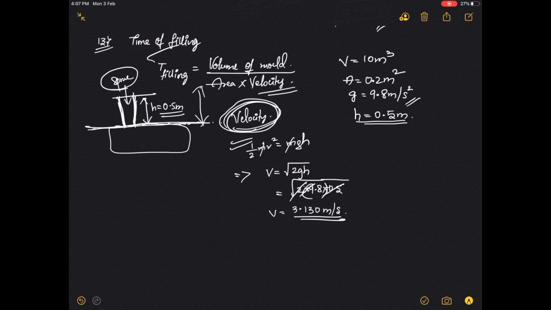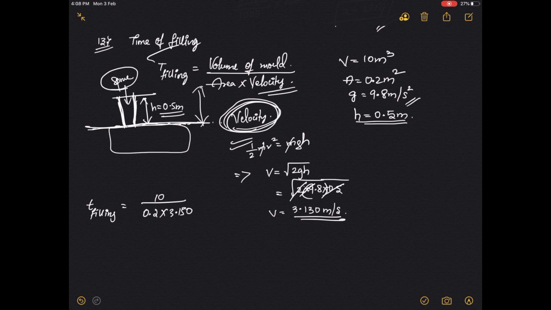So now easily we can find this, right? Time of filling will be equal to volume 10 divided by area 0.2 into velocity 3.130. Okay, so by calculating this, how much will we be getting?